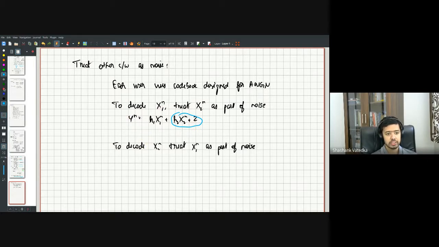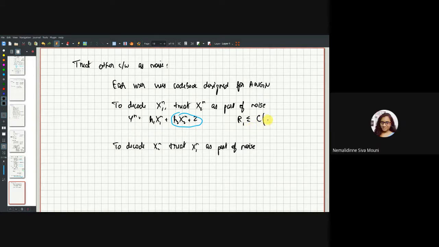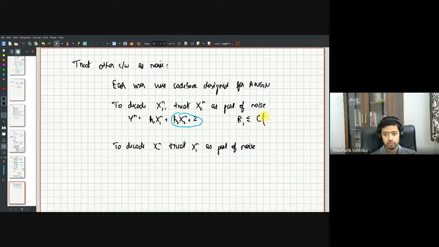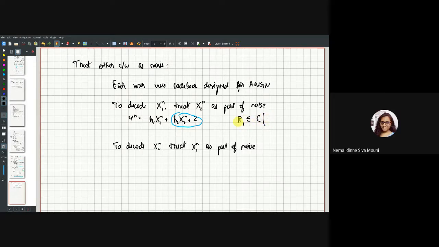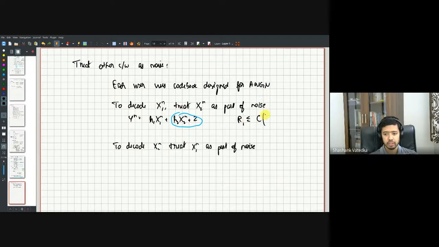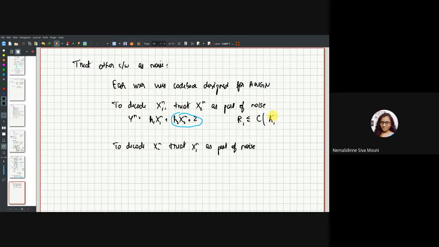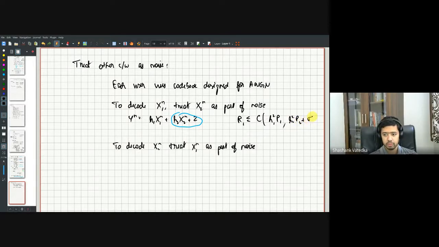So what rate is achievable for this if you want to do it? So the rate, right? It's basically the capacity. So it's effectively an AWGN channel where the signal power is H1 square P1, and the noise is H2 square P2 plus sigma square. Correct. H2 square P2 plus sigma square.